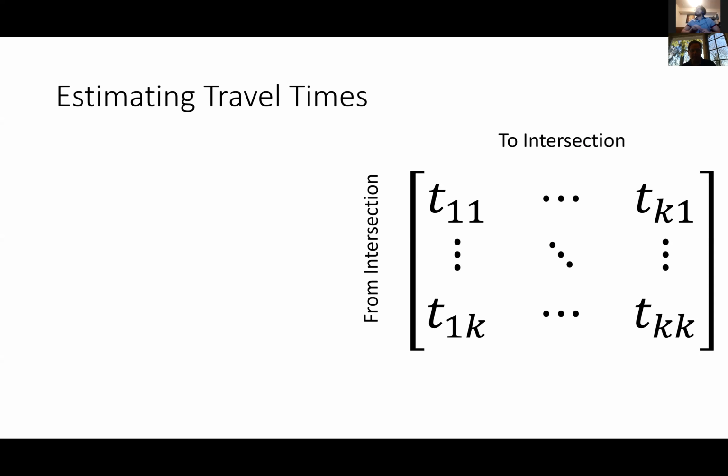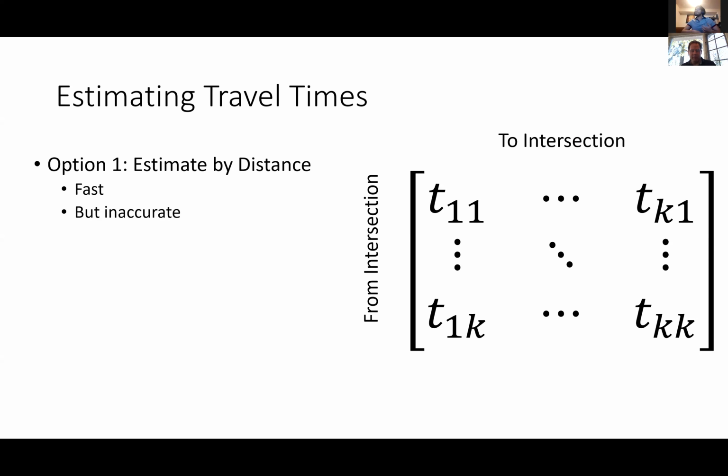You can imagine that this is a matrix of problems here. On one side, we have the representation of the starting intersections, and on the other side, the destination intersections. One option is to estimate by distance. It's fast. You can think of it like a Euclidean distance problem, but it's inaccurate because it doesn't take into consideration the path.